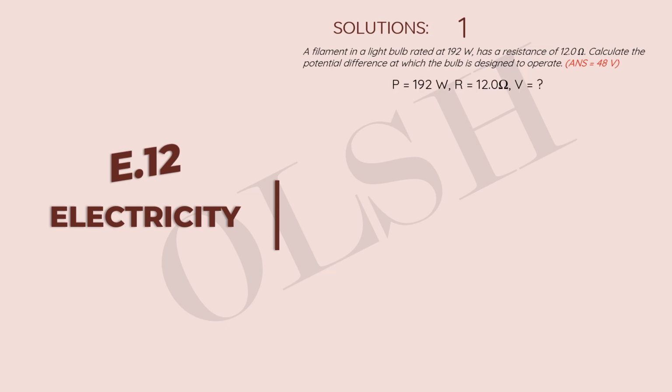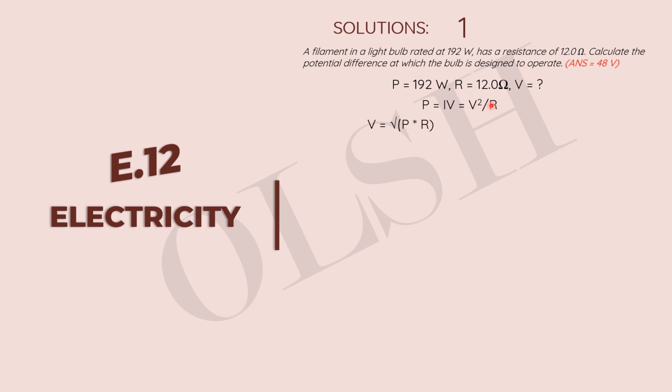Okay, so we have our power to be 192 watts, our resistance to be 12 ohms, and we're asked to find the voltage. All right, so we know power is IV, where I stands for current and V stands for voltage. And then we know that I equals voltage over resistance. So if we bring that into this equation, we have voltage over resistance times voltage, which is voltage squared over resistance.